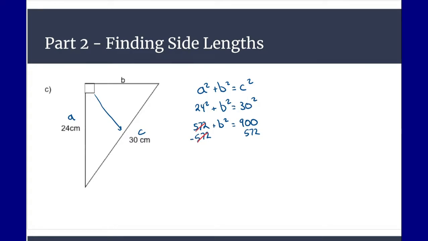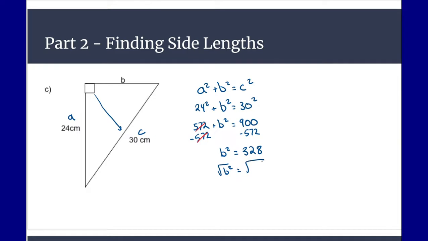One side cancels out. So back to our solving equations unit. We're then left with B squared equals 900 minus 572. We get 328. Now we're down to the last step of trying to get B by itself. Same thing that we have to do, we have to square root.